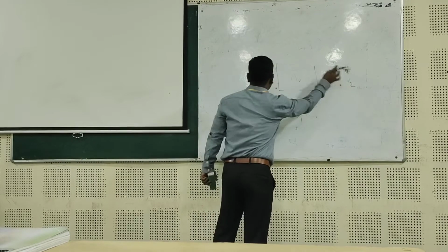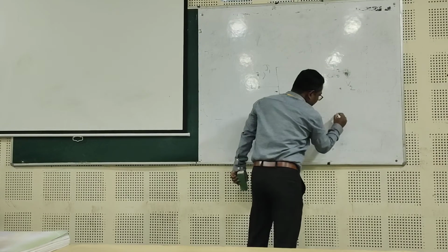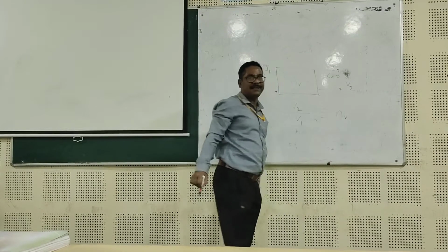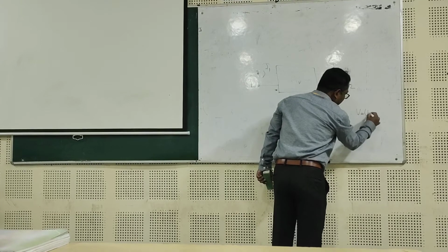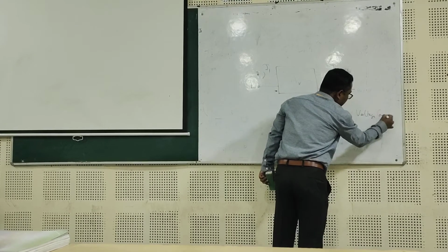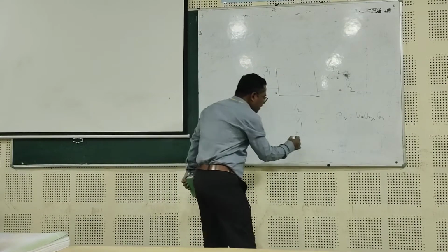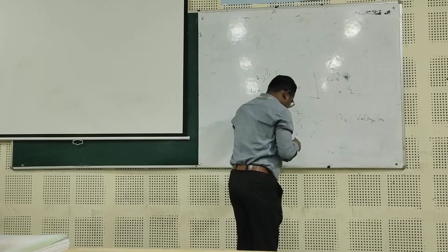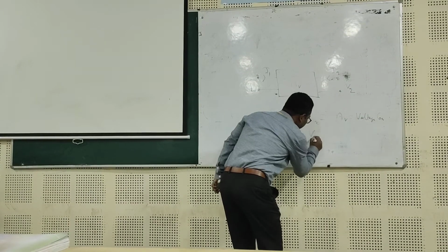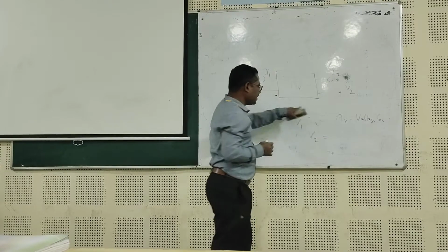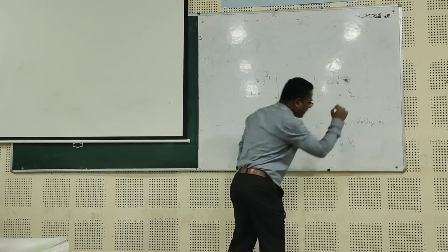If the output voltage is V2 and the input voltage is V1, the ratio is AV. This is called voltage gain. It will be a number actually. That means your V2 will be, from this equation, AV into V1.